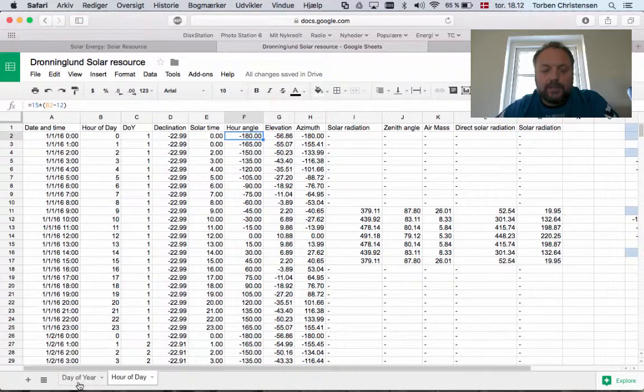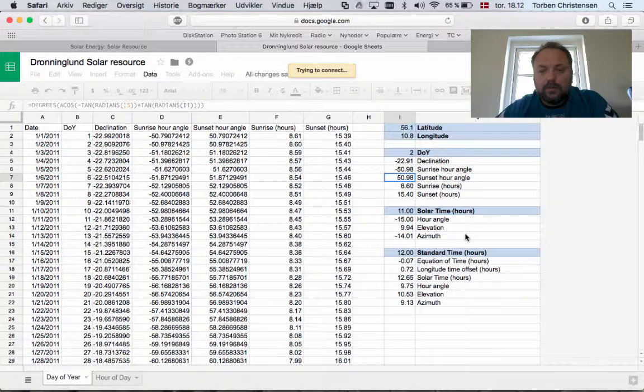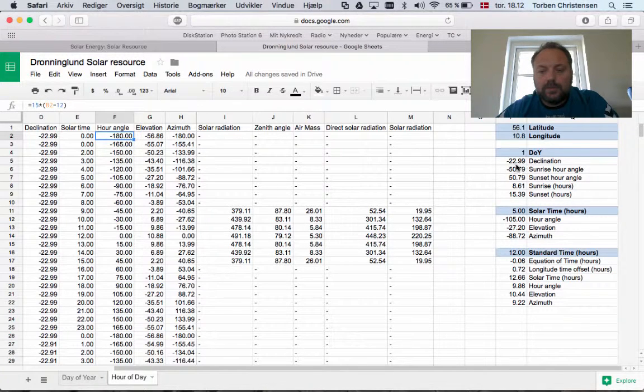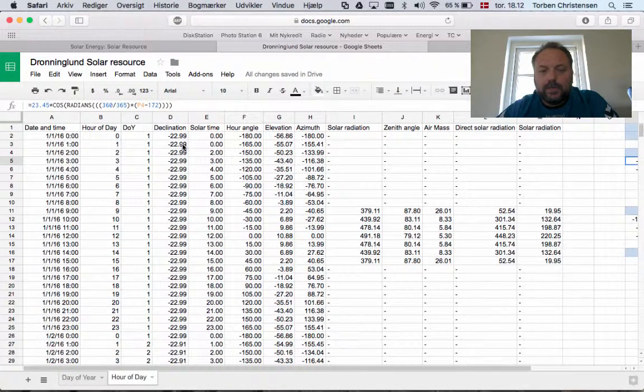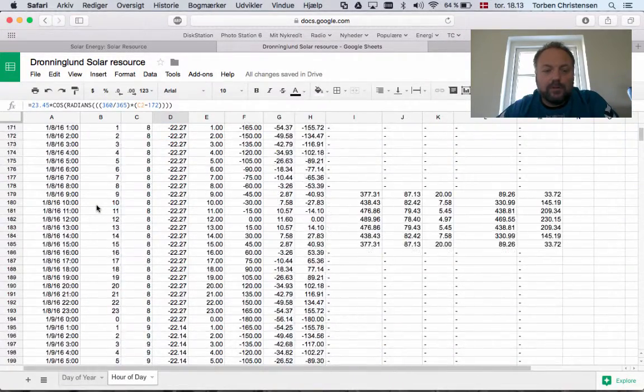So what I did is that I copied these equations, or these calculations, to the second spreadsheet, hour of day, over here, and then I used these formulas. I copied them over here in the spreadsheet and pointed to the right cells in the spreadsheet.